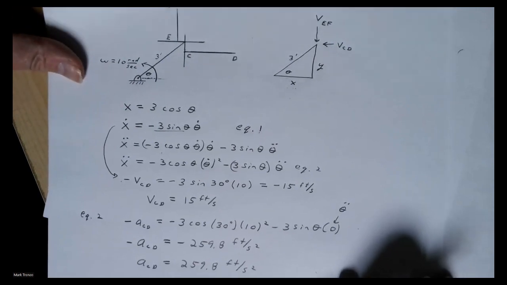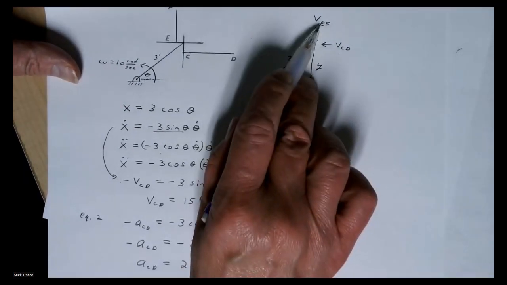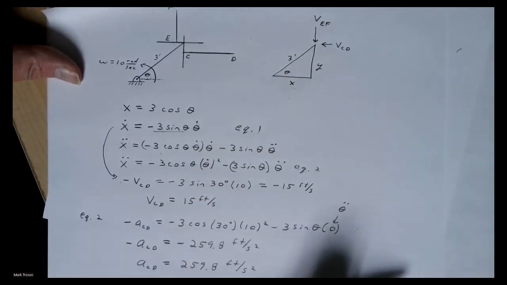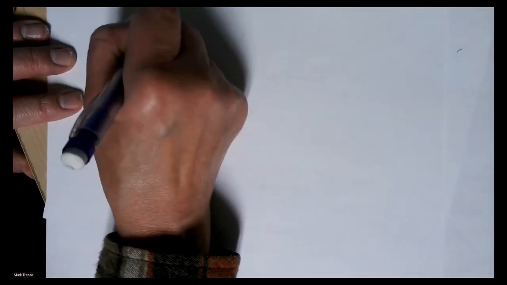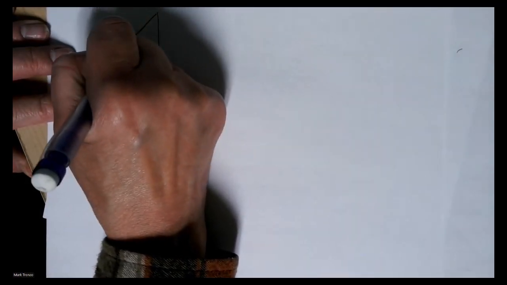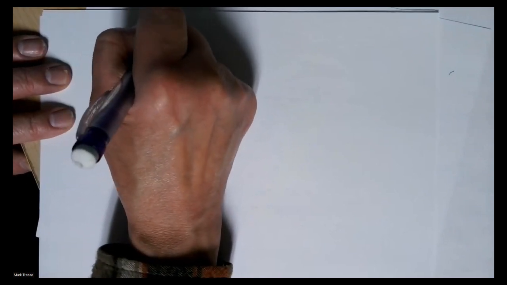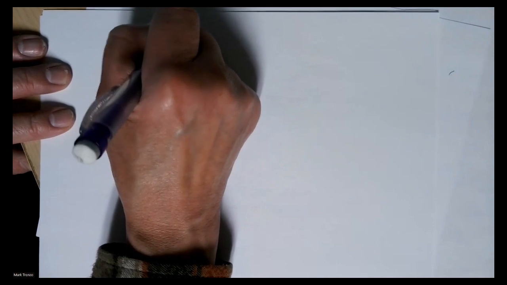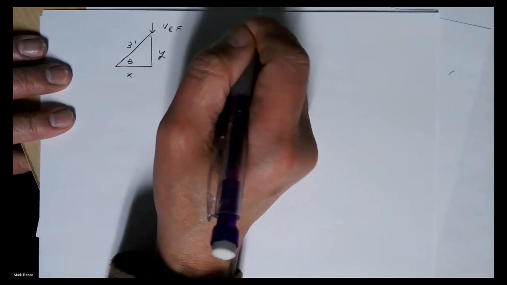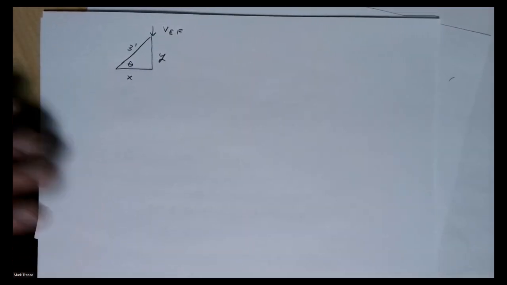Now let's do the same thing for the y direction. In fact, let me just make another little picture here real quickly. We have theta, B feet, Y, X, V, E, F going down like this.